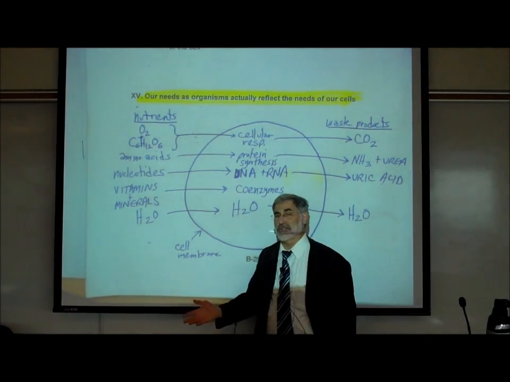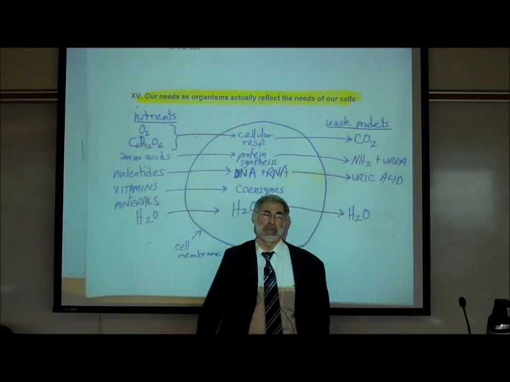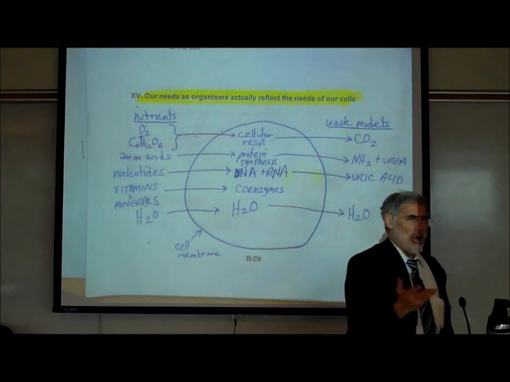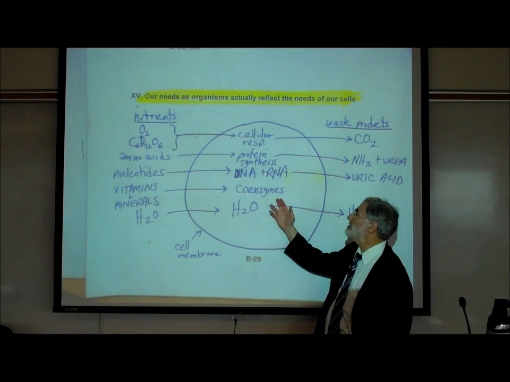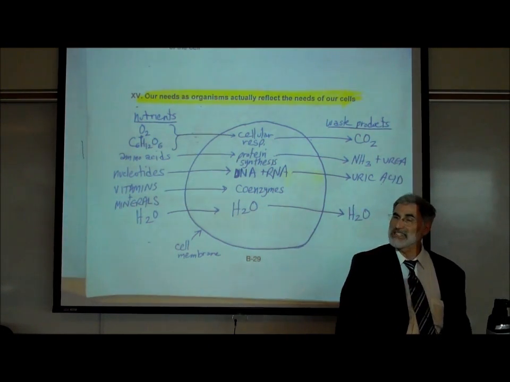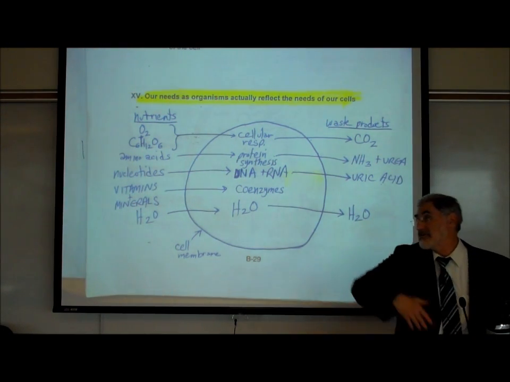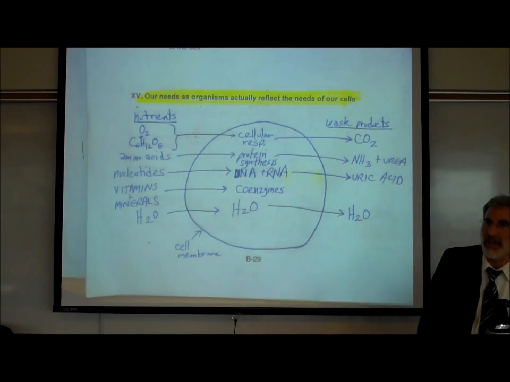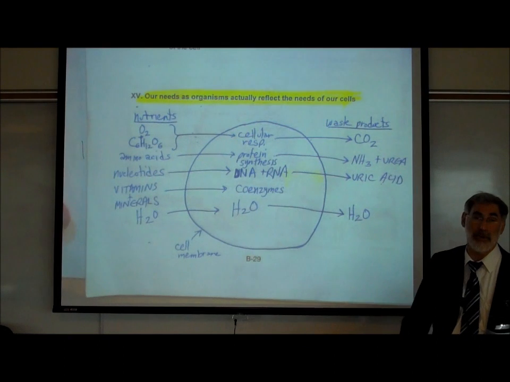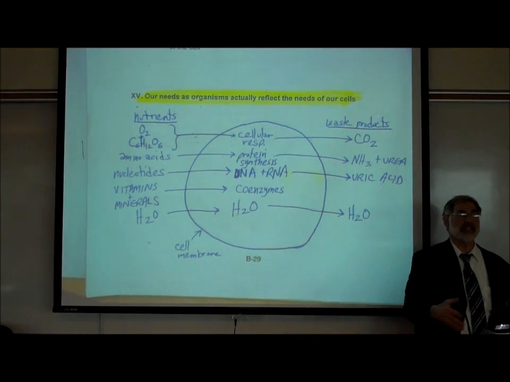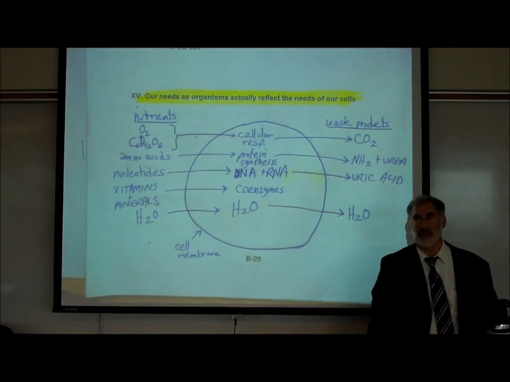What other nutrients do cells need? They need vitamins and minerals. What is the role of most vitamins and minerals? Most of them act as coenzymes. They assist enzymes in catalyzing the myriad of different types of chemical reactions in the cells of our body. Zinc helps DNA polymerase work. Calcium is needed for ATPase to work.